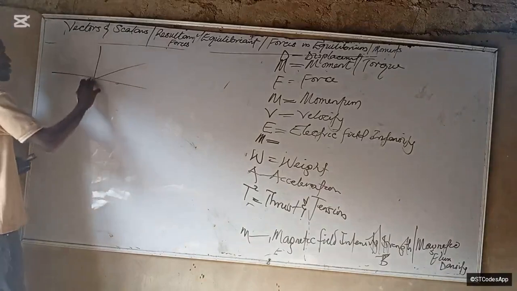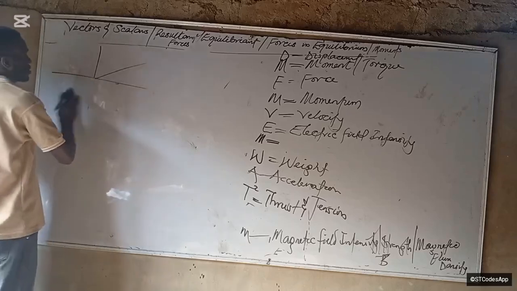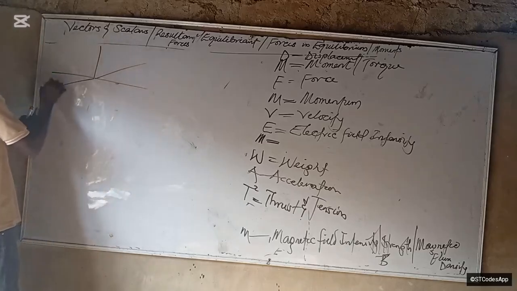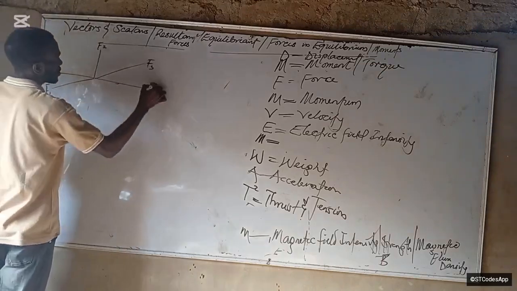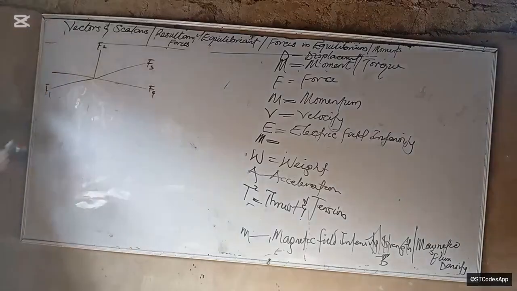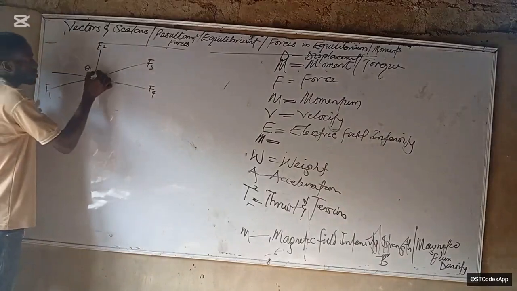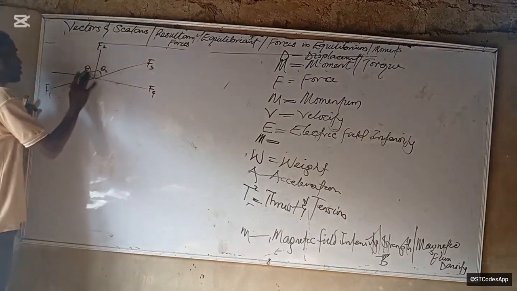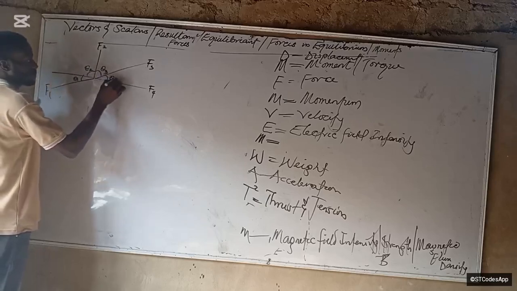If I have forces like this, F1, F2, F3, F4, at angles theta 1, theta 2, theta 3, theta 4.